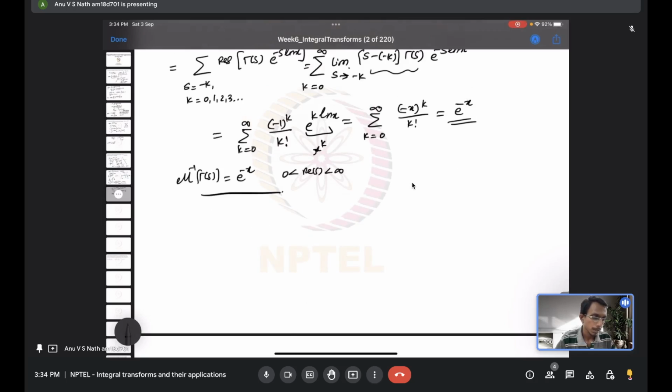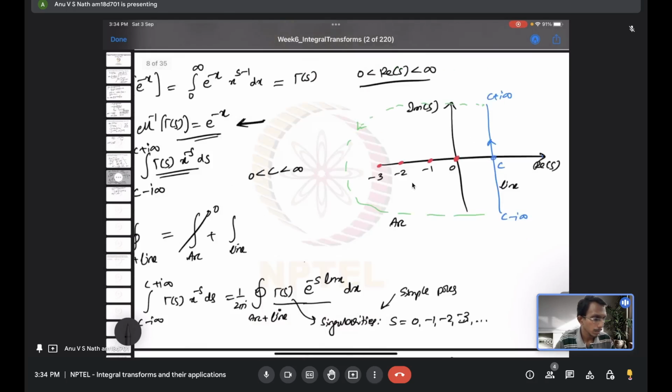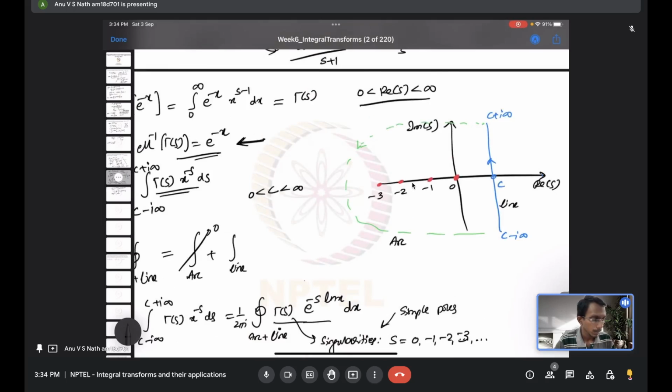We will do the same trick again in the gamma function, but now instead of the range we are taking from 0 to infinity, we will take a different range. You can see that when the range is from 0 to infinity, the c is lying between 0 and infinity, so that all the singularities of the gamma function, including 0, minus 1, minus 2, minus 3, everything is left side of the value c, so that it lies inside the closed contour.